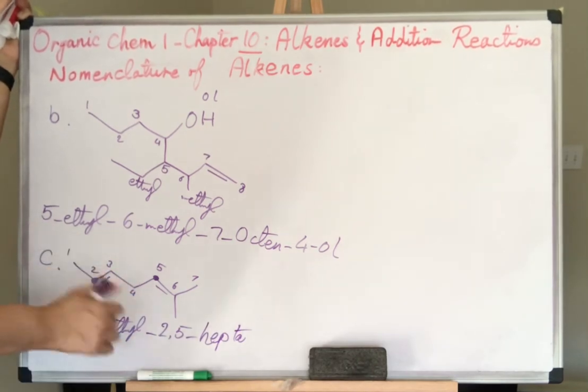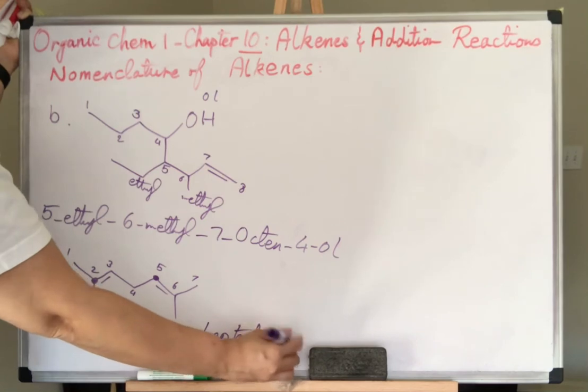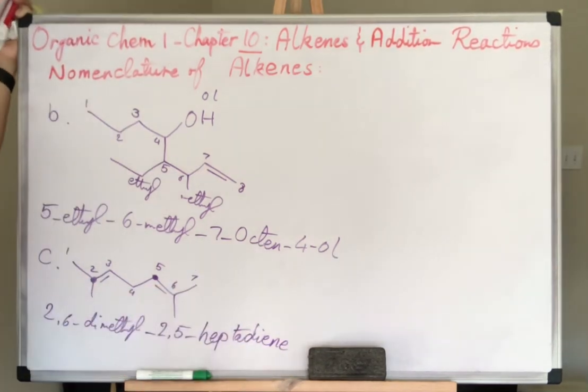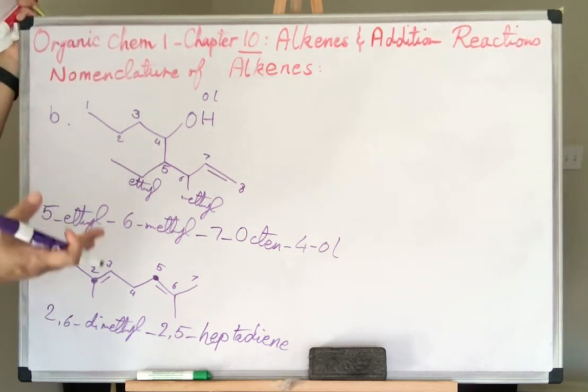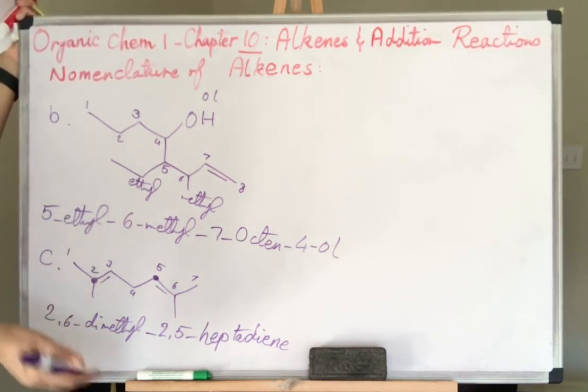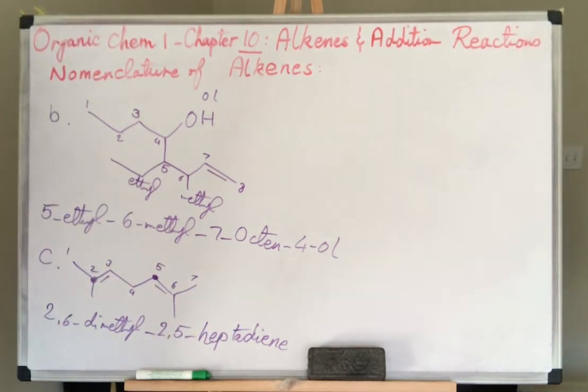How many double bonds? Diene. So if you have more than 1 double bond, you will end up with propa, buta, penta, hexa, hepta, octa, nona, and then diene or triene. Okay? These are 2 different rules that you just learned by working on these 2 examples.